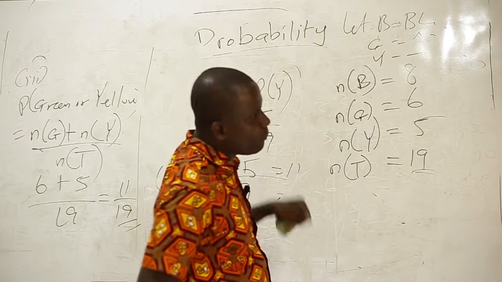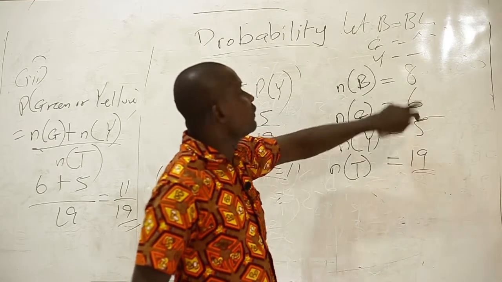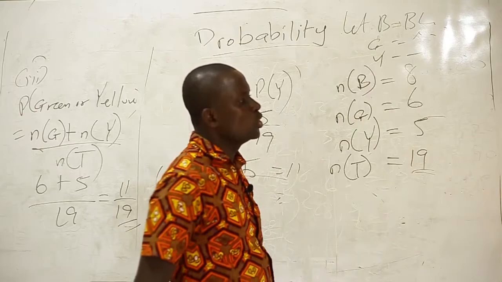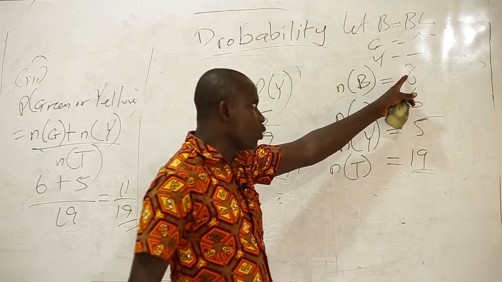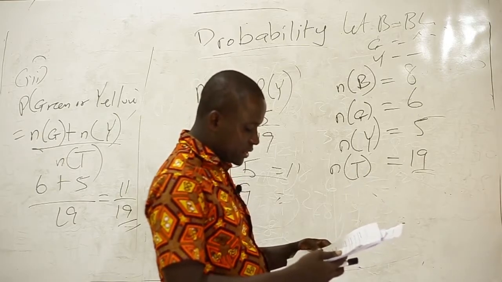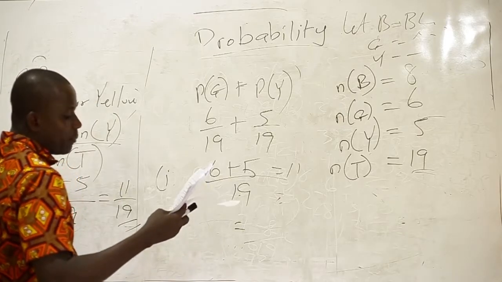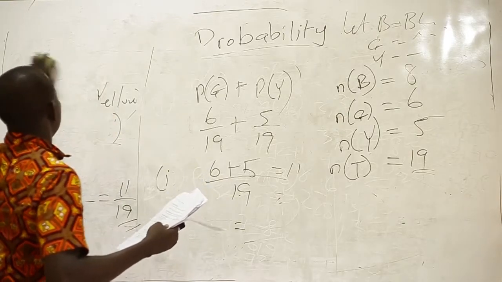Then you subtract 11 from the 19. That will be 8. If it is not green or yellow, then it is blue. So P blue is going to be 8 over 19. Exactly. Now, I hope I can proceed to problem 2.